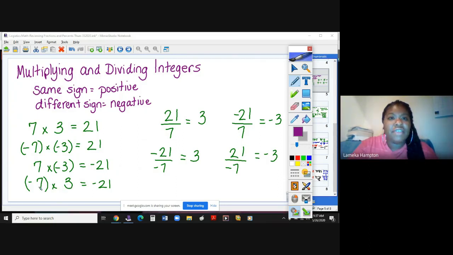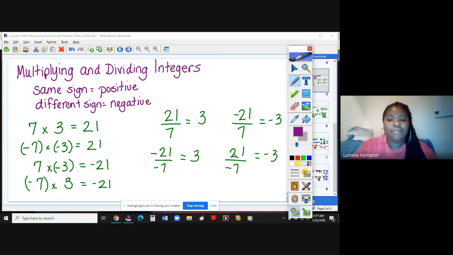So I have a negative 7 times a positive 3. That gives me a negative 21. Very important. Again, making sure that you know the difference between your positives and your negatives. Same over here. I have negative 21 divided by a positive 7. That gives me a negative 3.